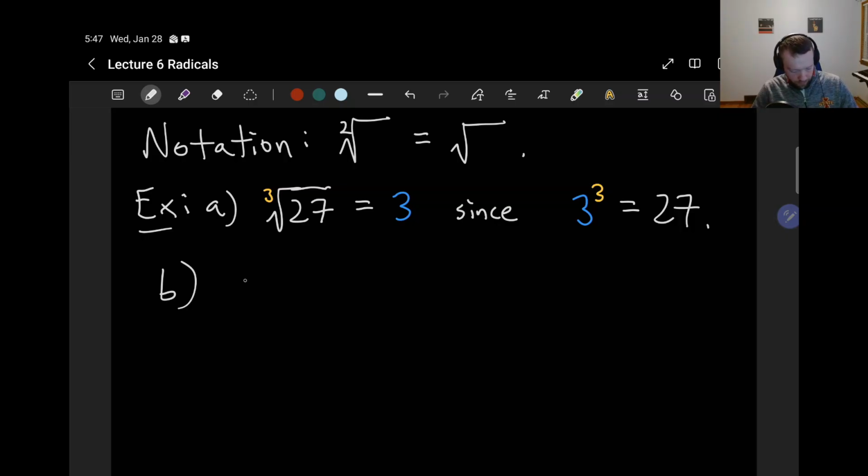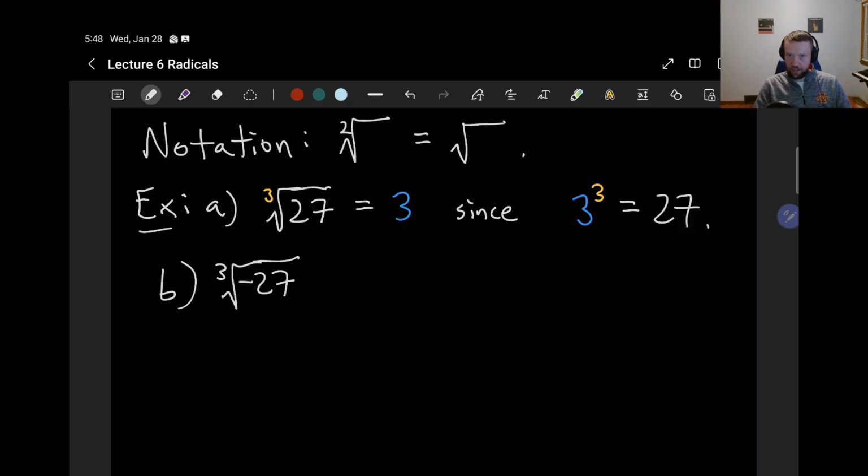Part B, pretty similar. But now it's the cube root of negative 27. Now, if you've learned about radicals before, you might be a little nervous seeing a negative inside, which is a pretty good instinct, and I'll talk about that in a bit.